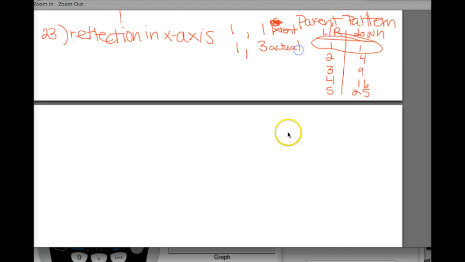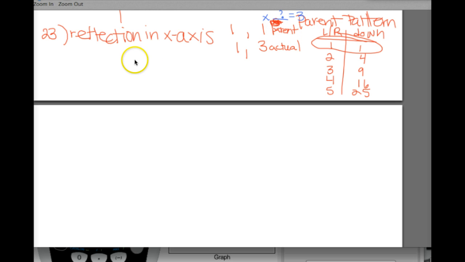So again, all I'm trying to figure out is what did I multiply by here? It's the y coordinate that is changed, so you know that it's a vertical change. So you just ask yourself, what did I multiply 1 by to get 3? 1 times what equals 3?